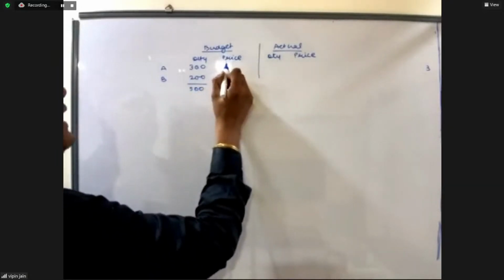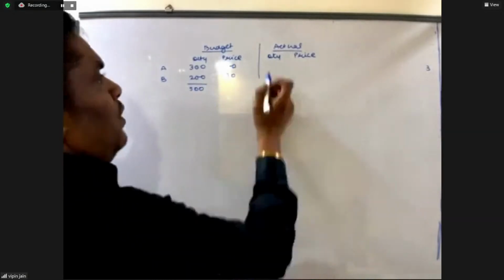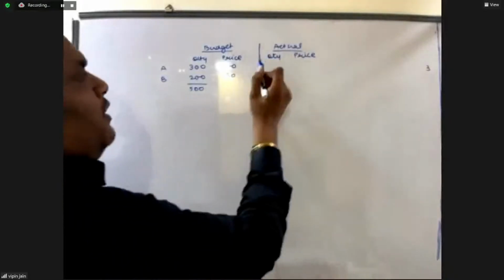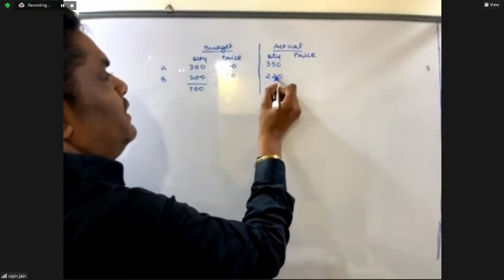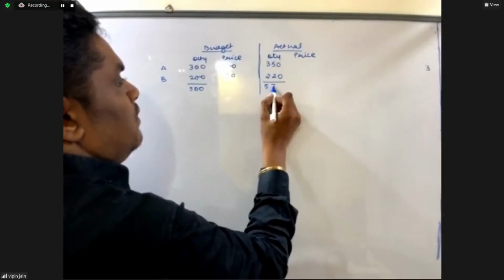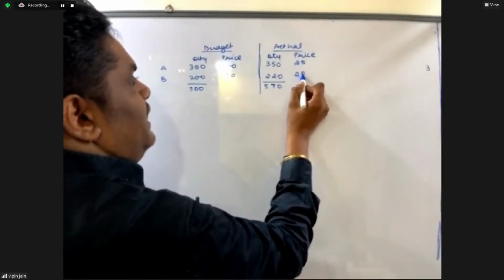We are purchasing A at the rate 20 and B at the rate 30. But when talking about the actual data, we have used 350 units of A and 220 units of B. Further, the price was 25 and 28.